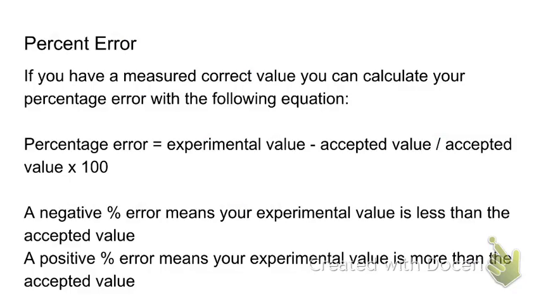A negative percent error means that your experimental value was less than the accepted value. That checks out with our example. It was negative because our experimental value was less than what the actual value was. If you come out with a positive percent error, then that means that your experimental value was more than the accepted value. So if you had measured that pencil at 10.8 centimeters, then your percent error would have come out positive.